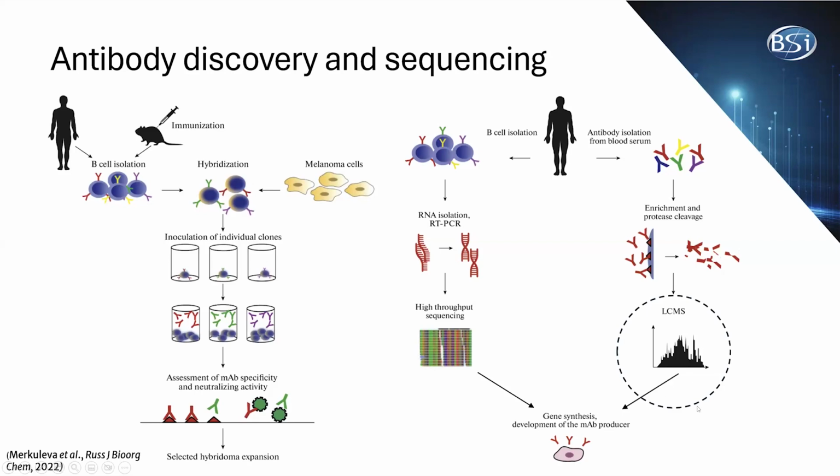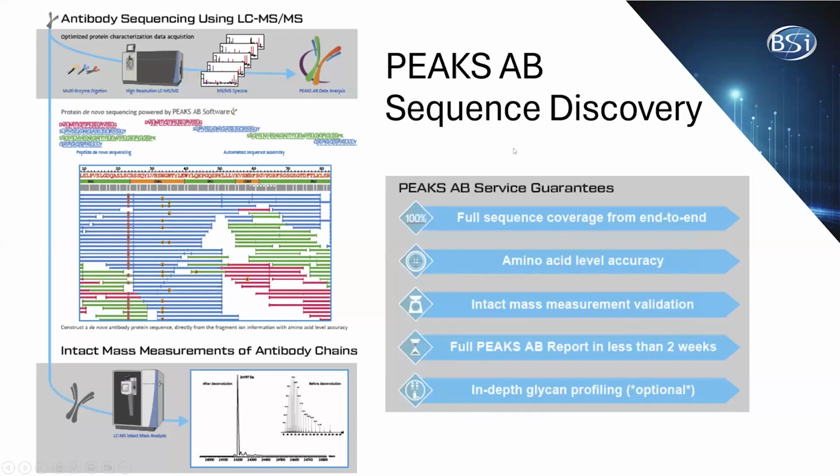So our lab typically would come into play at this last step in retrieving these unknown antibody sequences by LC-MS, as well as sequencing monoclonal antibodies derived from these hybridoma cell lines. There are other techniques I haven't mentioned here, but I won't go into detail on those, such as phage display and yeast display methods. So a quick overview of our sequencing service.